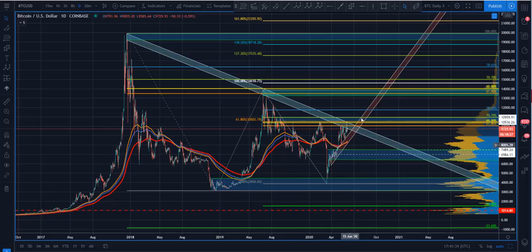But nonetheless, let's not dwell there. My point being, you could fatten the channel, actually. So this whole area here is just a big cluster of resistance, where we've got all this technical confluence. Now add to that this channel, but think of it as a fat trend line.